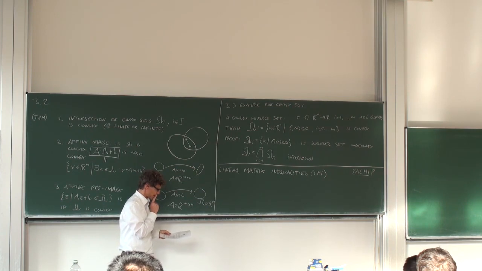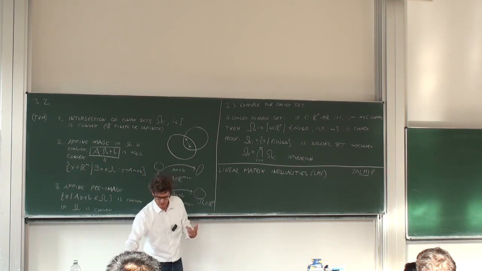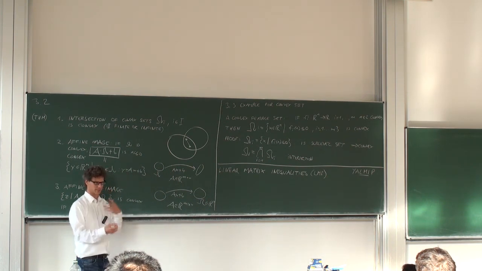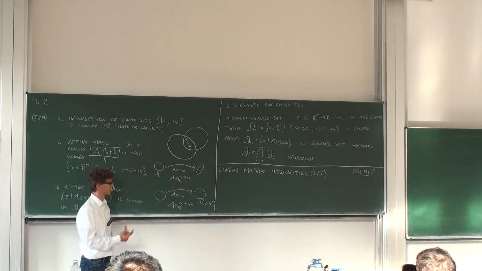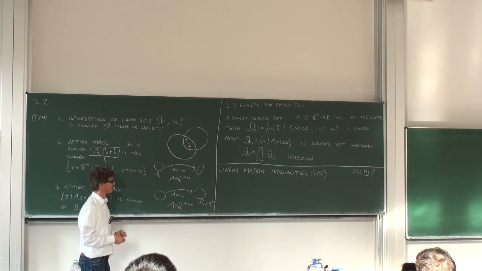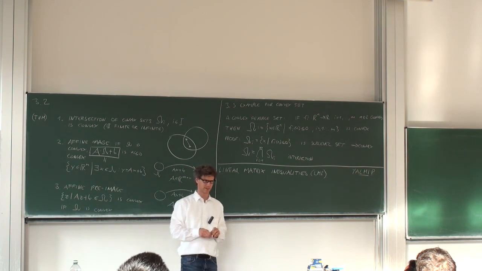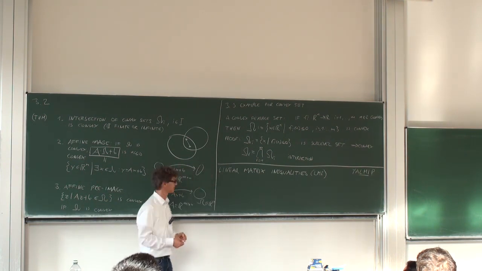So the first thing is I want to define a convex set with the help of another convex set and with the help of an affine map. And the first convex set I will introduce is actually the set of all positive semi-definite matrices. That turns out to be a convex set.